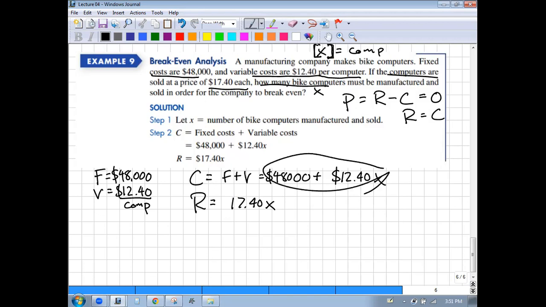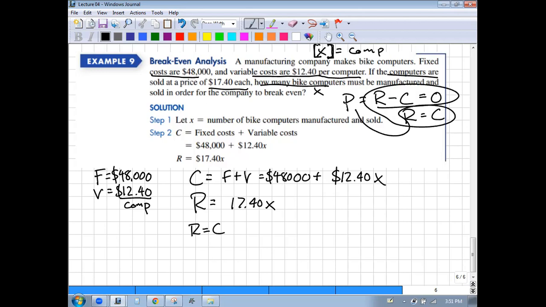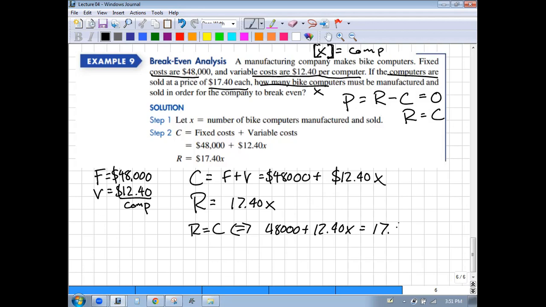So here's our cost, here's our revenue. When are these equal? Remember, when they're equal, that's when the profit is finally zero. It's when you finally paid off that manufacturing plant. So the revenue is equal to cost whenever 48,000 plus 1240x is equal to 1740x.